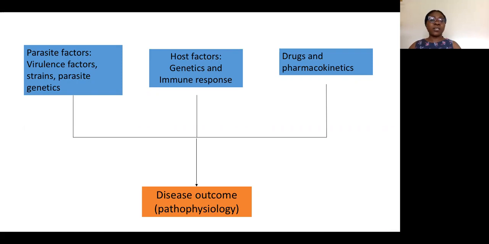The host factors specifically look at genetics and the immune responses in individuals who become infected. We also have the drugs and the pharmacokinetics as part of what affects the outcome of malaria. But in this case, I would be looking more at the host factors, genetics as well as immune response.